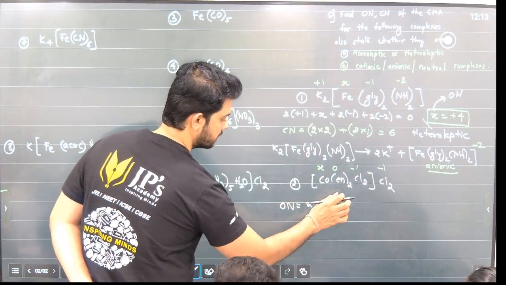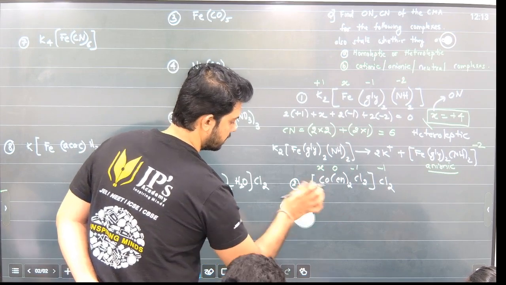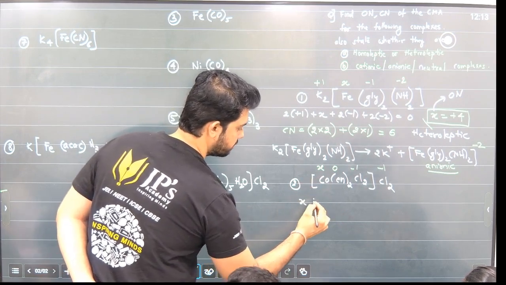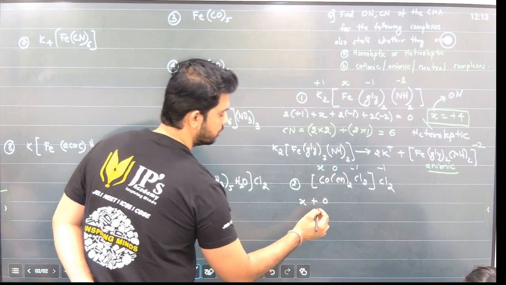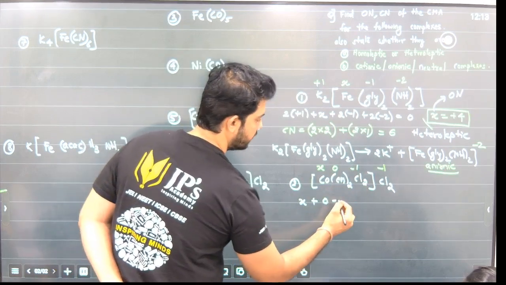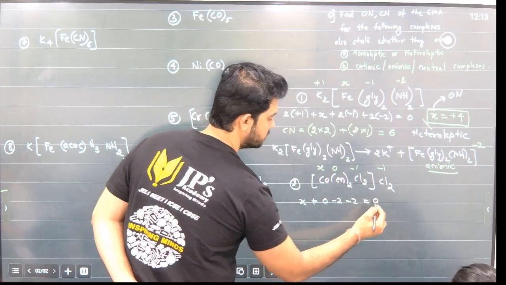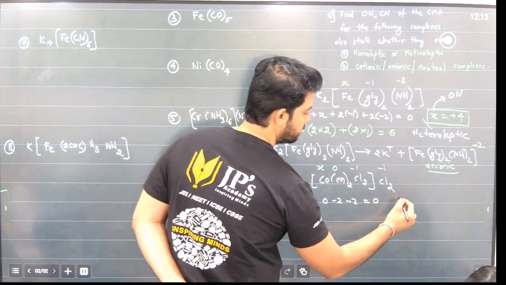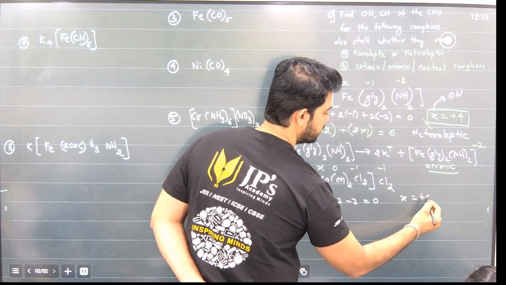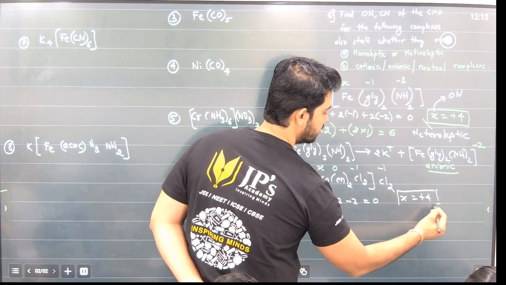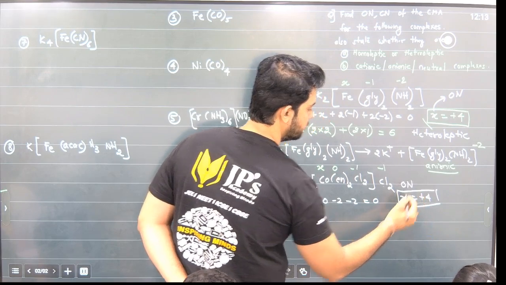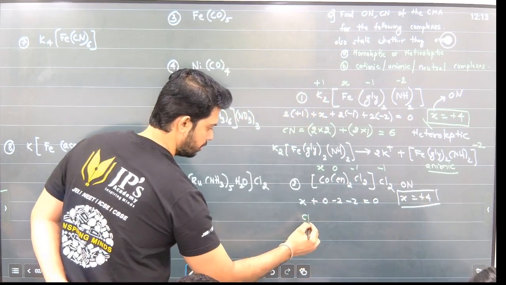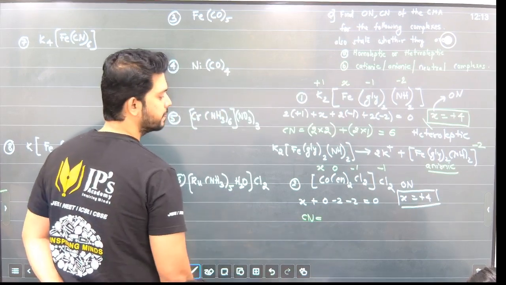X plus 0, should I directly write it? Minus 2 is equal to 0. So how much is X over here, people? Plus 4. So that is the oxidation number.